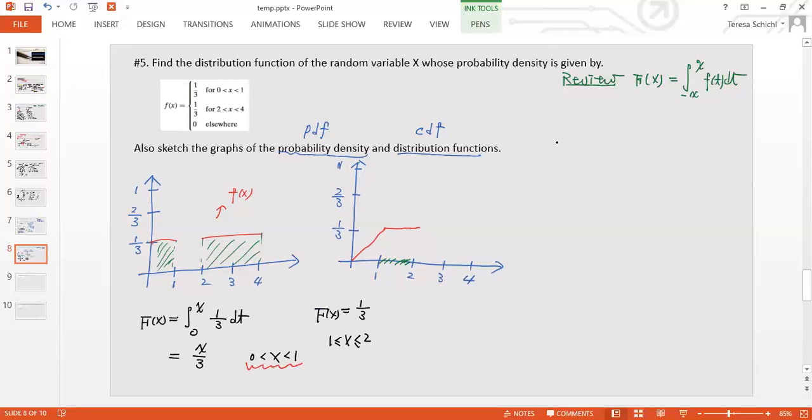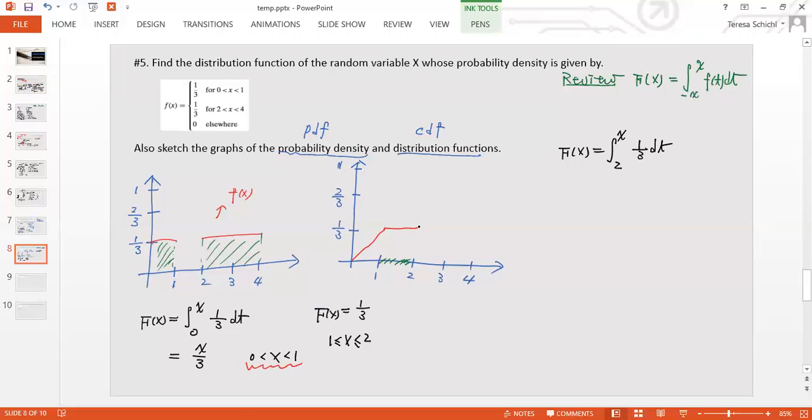So for the next region, f of x is equal to, you integrate from 2 to x, then you have 1/3 dt, correct? Okay, so this is 2 to 4. But my domain started at 0, right?